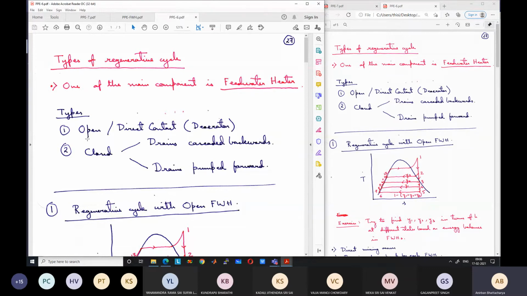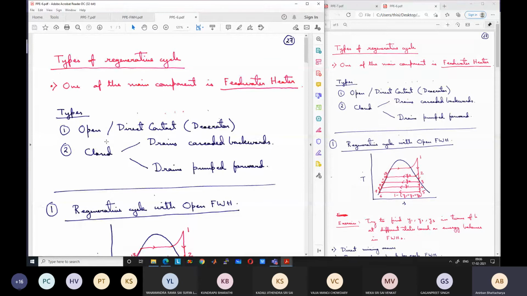One is known as the open feed water heater or direct contact feed water heater. There is direct mixing of the hot steam and the liquid water coming from the pump, which comes from the condenser. Okay, and then there is the other type, which is known as the closed feed water heater.